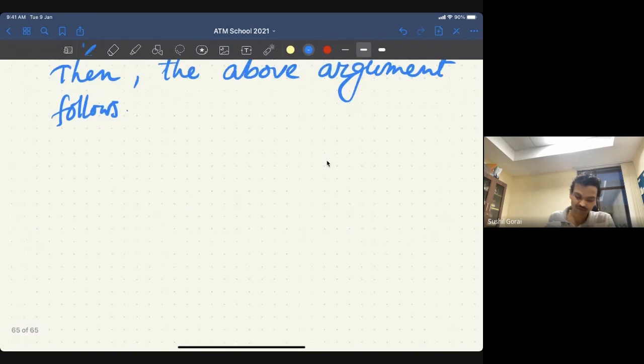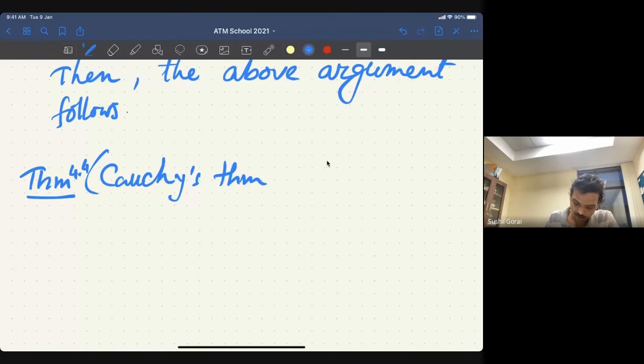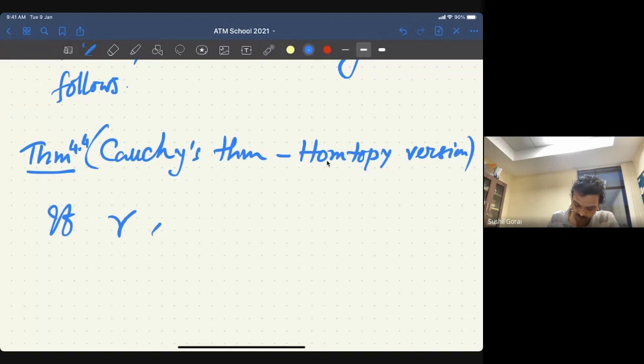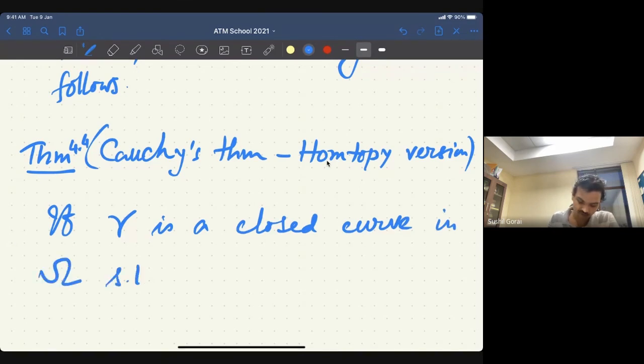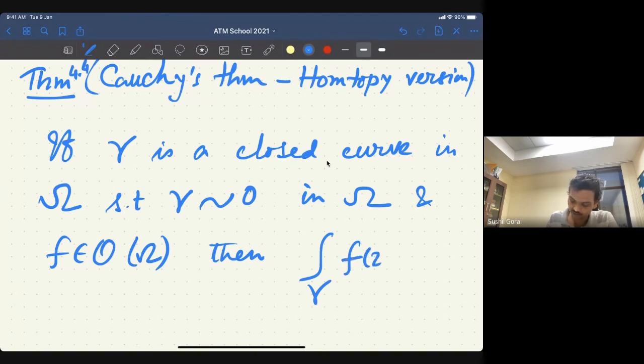All right. So what I mentioned just before going into the proof of this theorem, which is Theorem 4.4, Cauchy's theorem, homotopy version: if gamma is a closed curve in omega such that gamma is homotopic to 0 in omega and f is holomorphic in omega, then the integration over gamma of f(z) dz is 0.